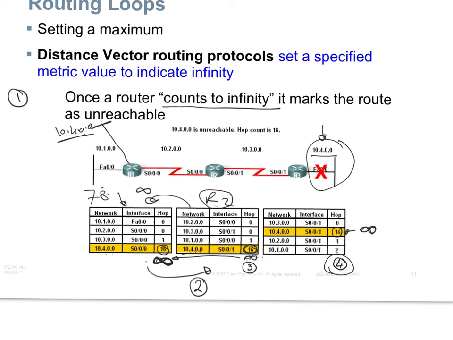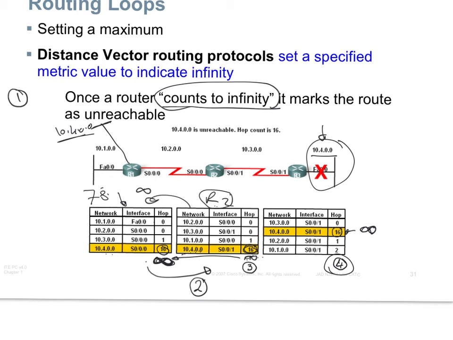And we will keep incrementing every time, as long as we still have infinity in one of the routers. So this phenomenon, we call it count to infinity. The route update will keep incrementing every time and will keep bouncing back and forth between the routers, and every time it increments, we call it count to infinity.